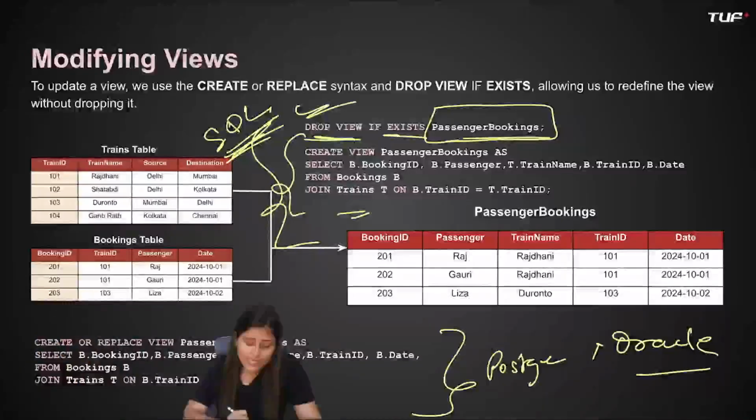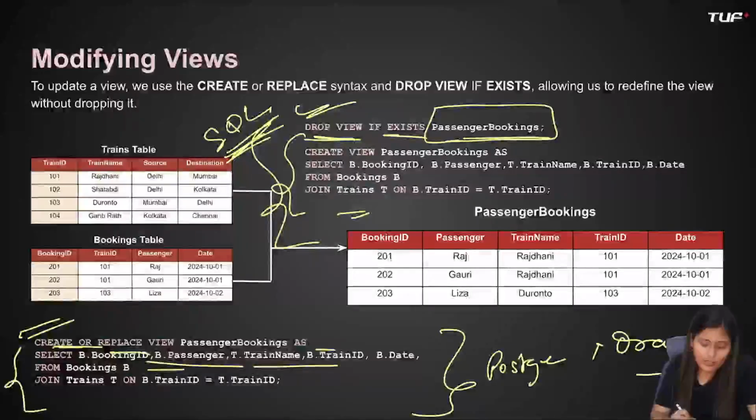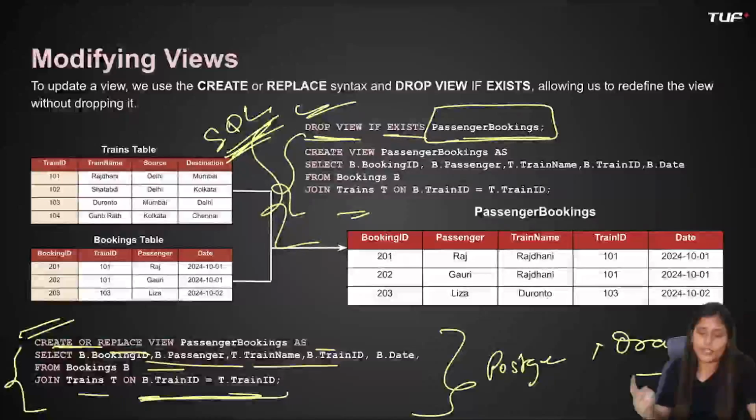But in case of Oracle, you can directly say create a new view, or replace it if a view is already there. So this is a basic query, and then all the other queries, like selecting these things from the booking table and train table on the condition that booking ID and train ID should be equal. So this is how we actually modify the view.